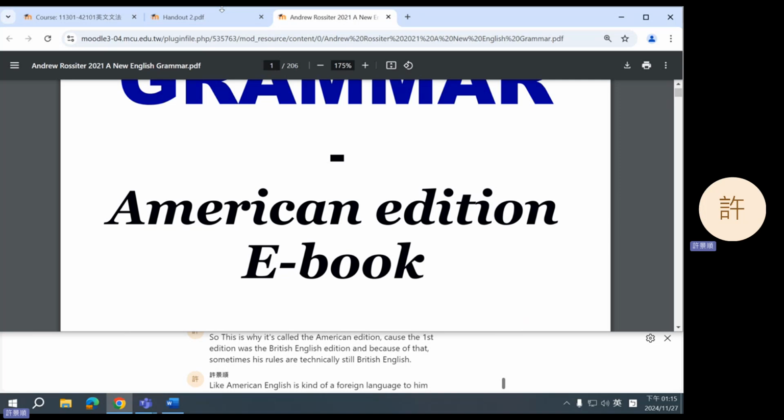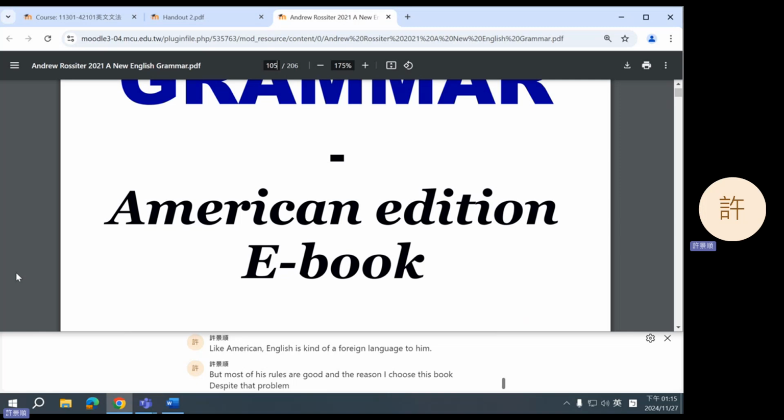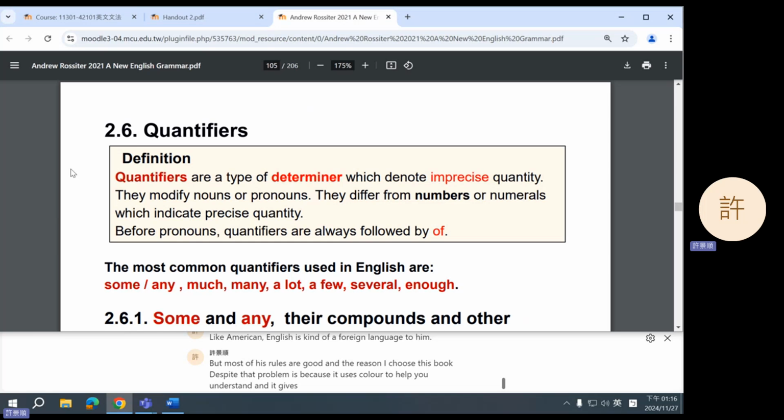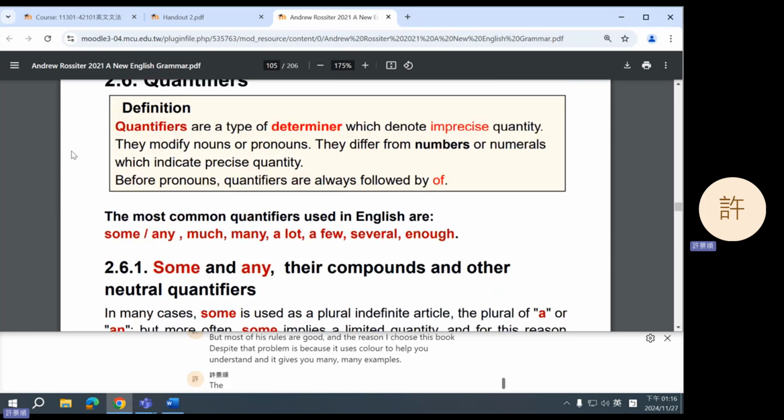But most of his rules are good. And the reason I choose this book, despite that problem, is because it uses color to help you understand. And it gives you many, many examples. The one thing it does not have is practice questions. That's why we practice a lot in class.